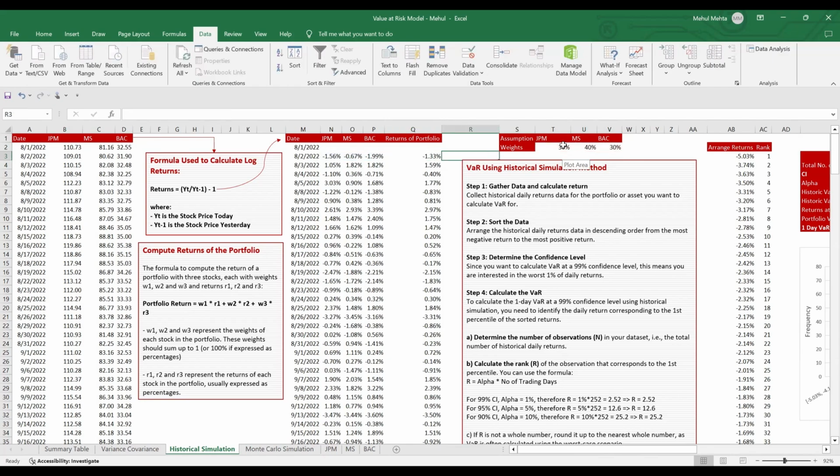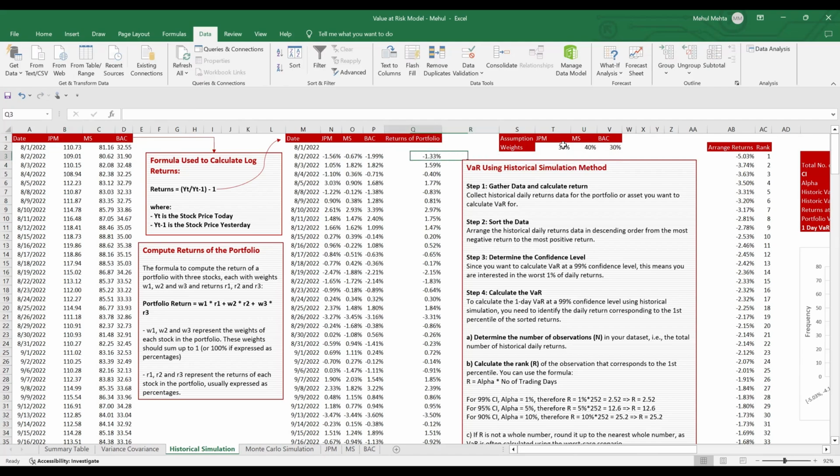And if you want, let's say W1 times R1 plus W2 times R2 plus W3 times R3, this will also give you the same portfolio return as this formula.